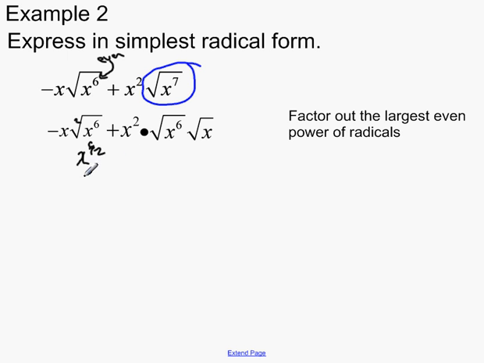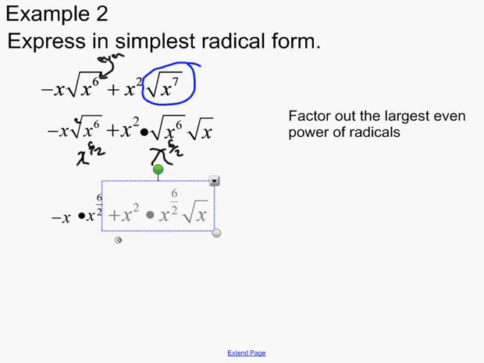And same thing here. I can rewrite this as x to the 6 over 2. And then just bring down everything else. So bring down the negative x. I got x to the 6 over 2, bring down the x squared, times x to the 6 over 2 radical x.